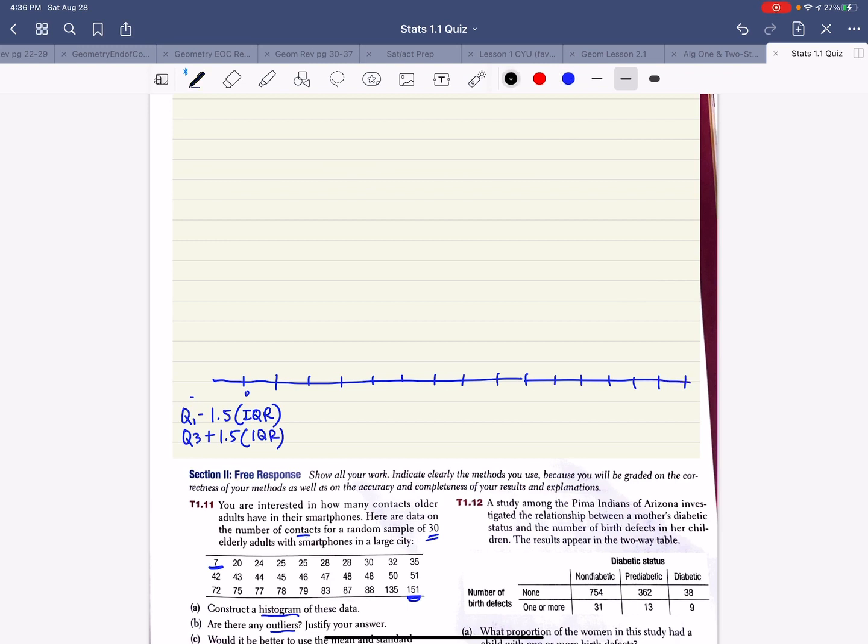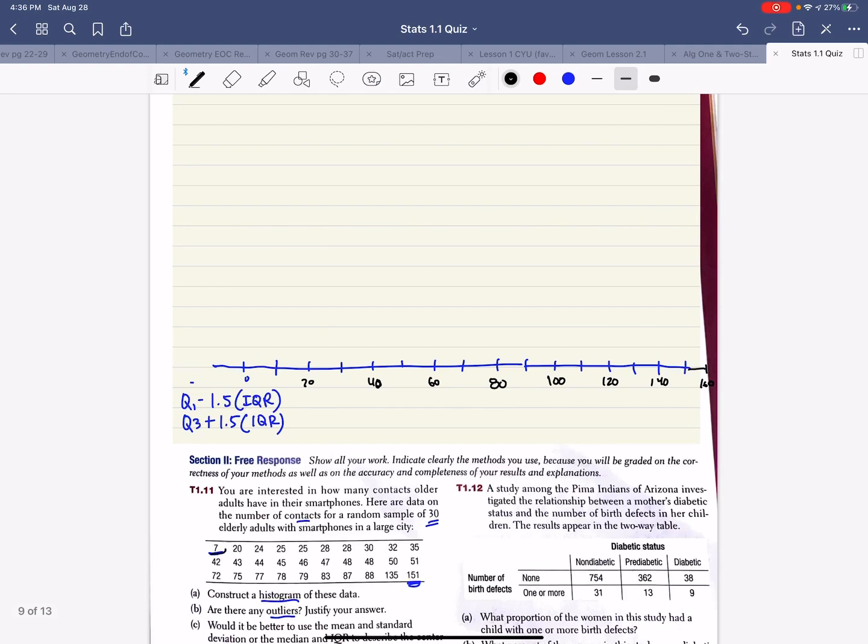Okay? Well, and I guess that's going to be so. So let's look at our data.